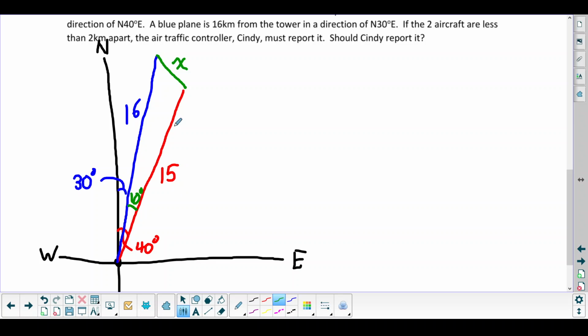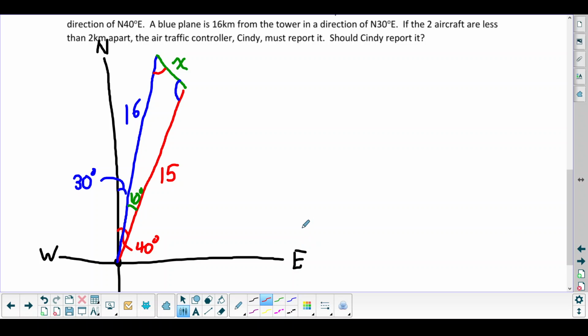So blue would match up to this angle over up here, which we don't know. And the red would match up to this angle, right? Because remember, they're always on opposite sides. So we don't have any pairs. So we can't use sine law.